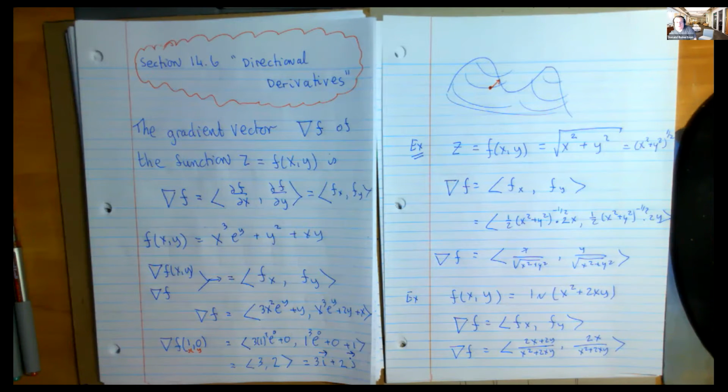If the function was representing temperatures at various points, then the gradient vector might be the temperature gradient. So I don't know if you've ever heard of a term like the temperature gradient and you're thinking what it is.